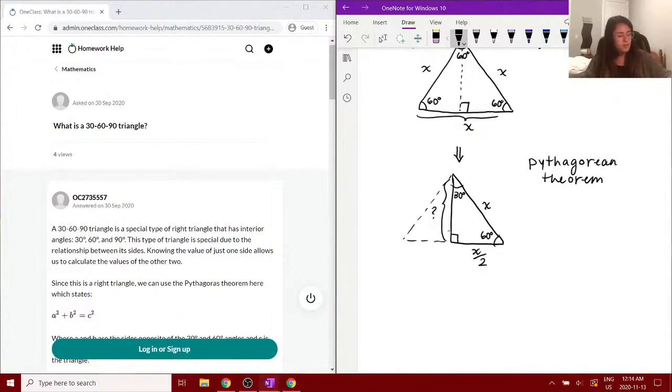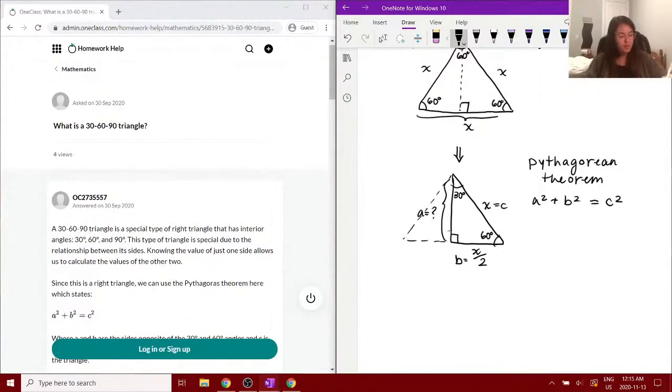Pythagorean theorem states that if we have 3 sides of a triangle, we have a squared plus b squared is equal to c squared, where we can say that this is c, because c always has to be opposite from the right angle, and then I think you can probably just use whichever you prefer for a and b.